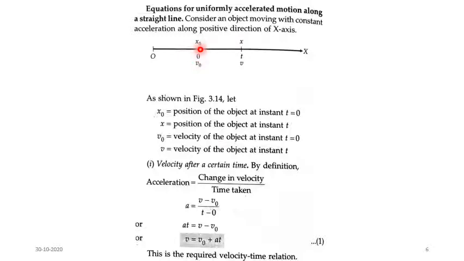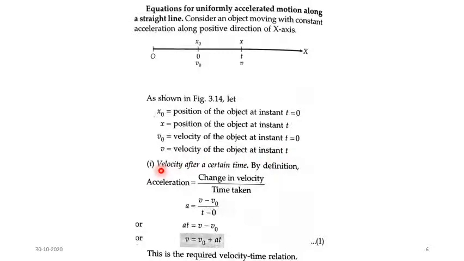Now after some time t, the object moves up to this point. This point is your x at time t, and the velocity at this instant is v. So x0 is the position of the object at t equals 0 seconds. x is the position of the object at instant t. v0 is the velocity of the object at t equals 0. And v is the velocity of the object at instant t.